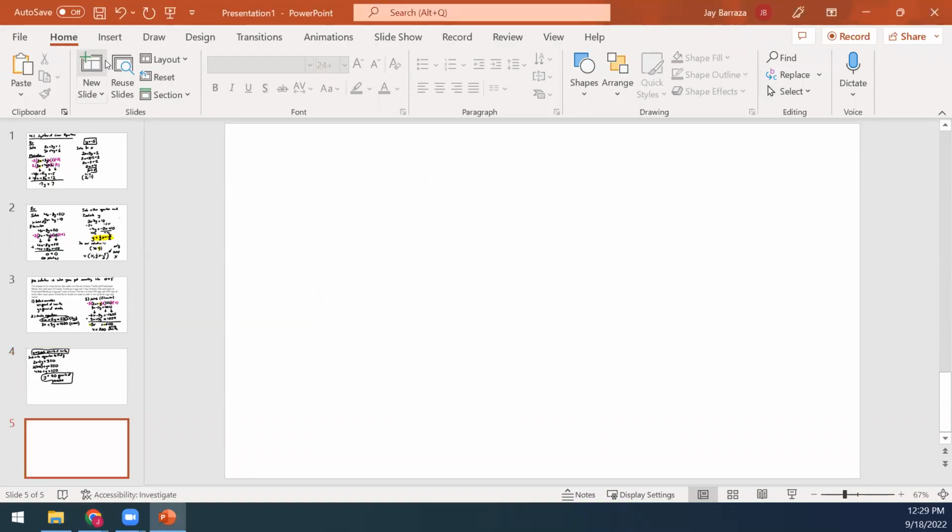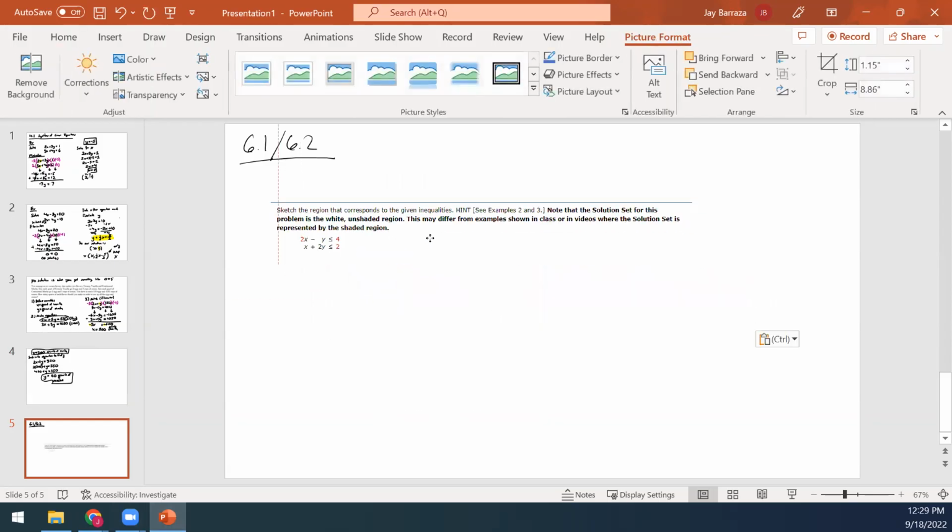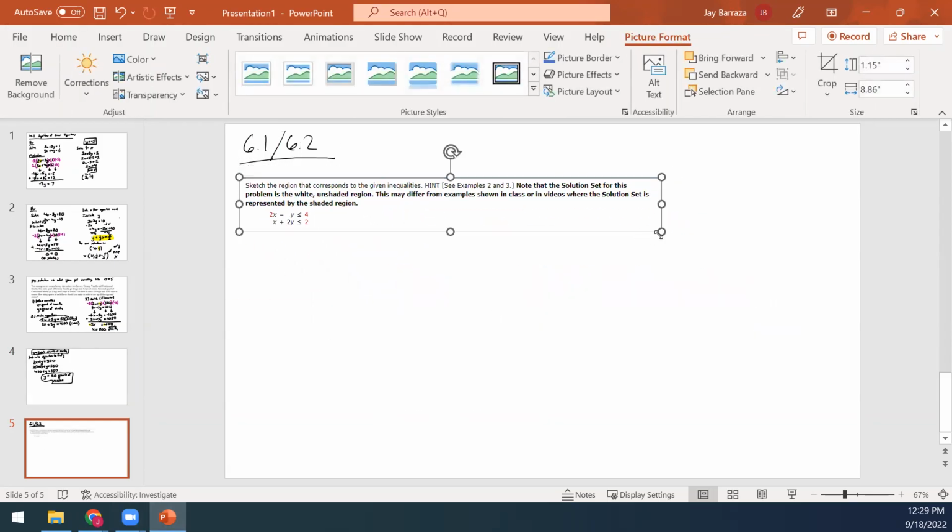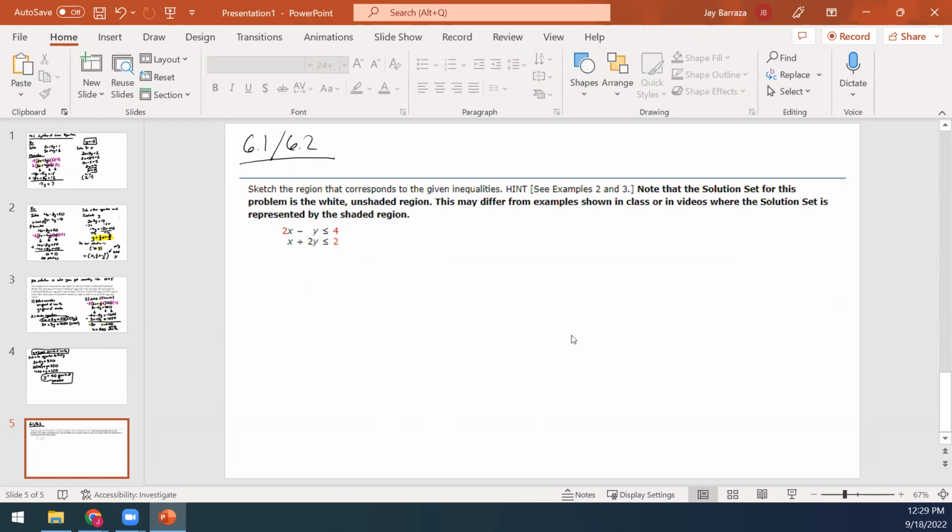So now we're going to do 6.1-6.2. Okay. So this is the example we're going to do from the homework. Sketch the region of the given inequalities and then find the correct solution set.